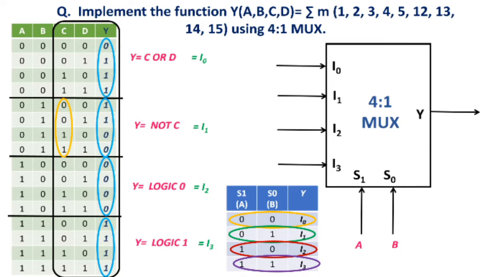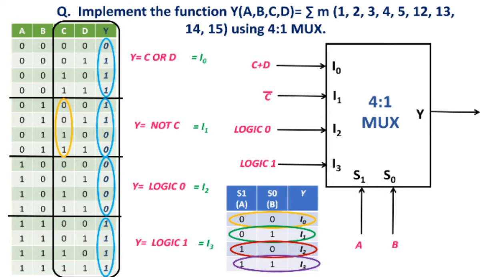Right, now I've got the values of I0, I1, I2 and I3. I just need to make the connections. That is, C plus D will go to I0, C bar will go to I1, logic 0 will go to I2, and I3 will be fed with logic 1.